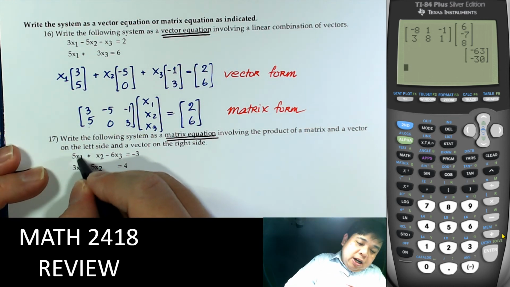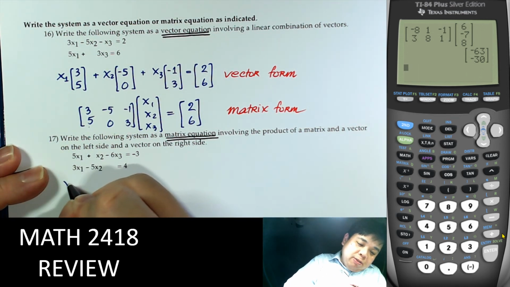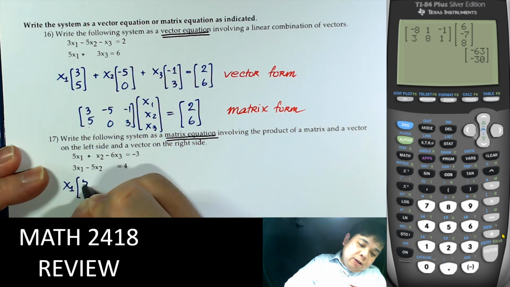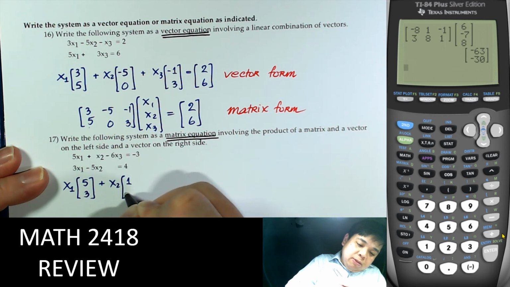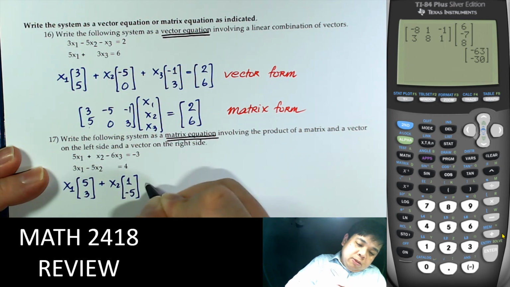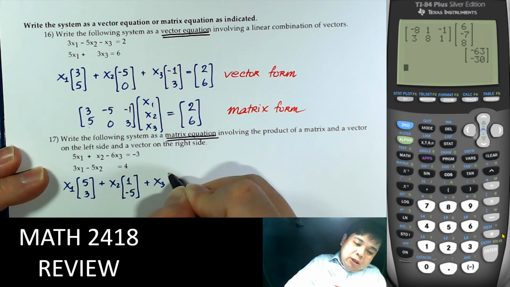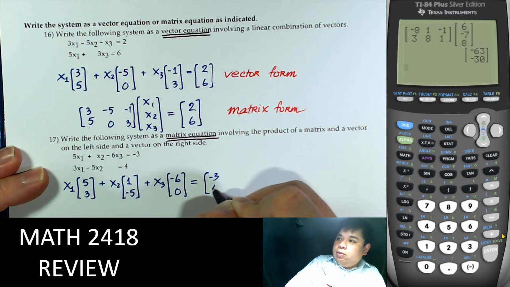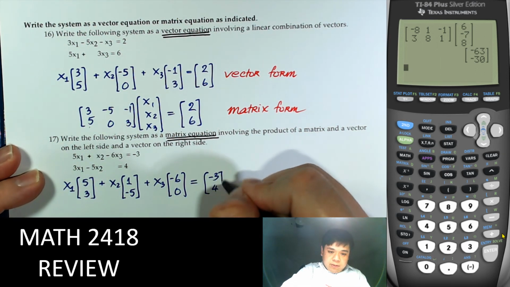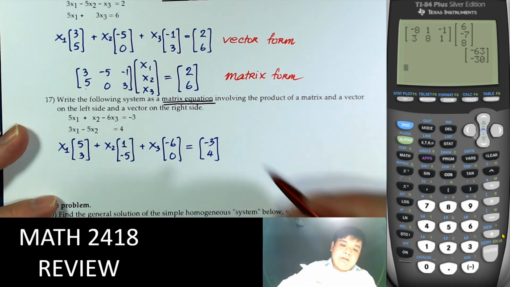So factor out x1 on the first column, x2 on the second column, and x3, equal to -3 and 4. So that is in the vector form.